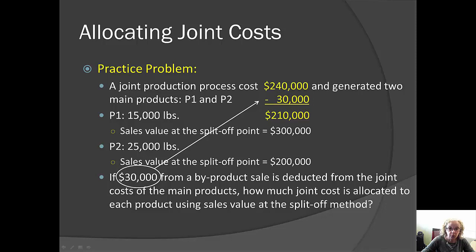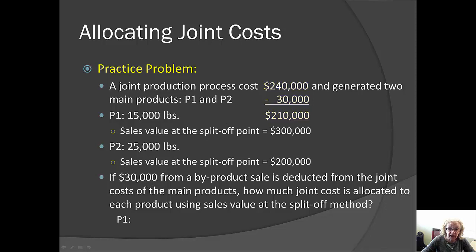Well, the first thing that we have to do is determine how much joint cost remains. We had $240,000 of joint cost. If we reduce that by the $30,000 of revenue from the byproduct, now we only have to allocate $210,000 to each product.